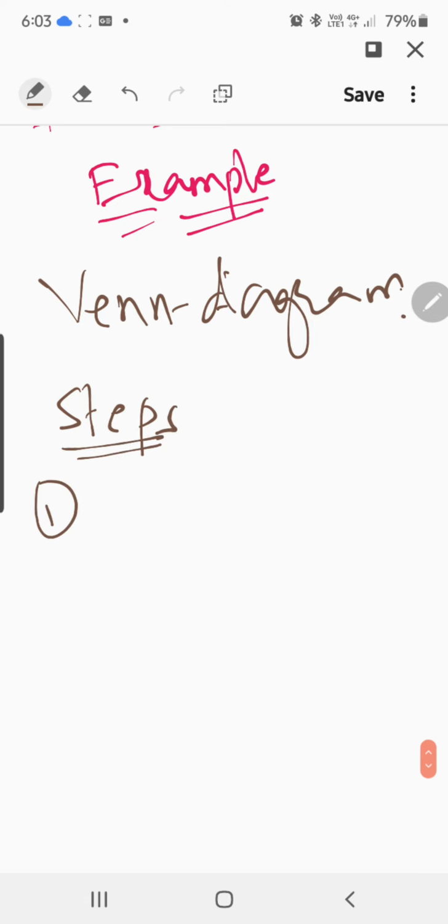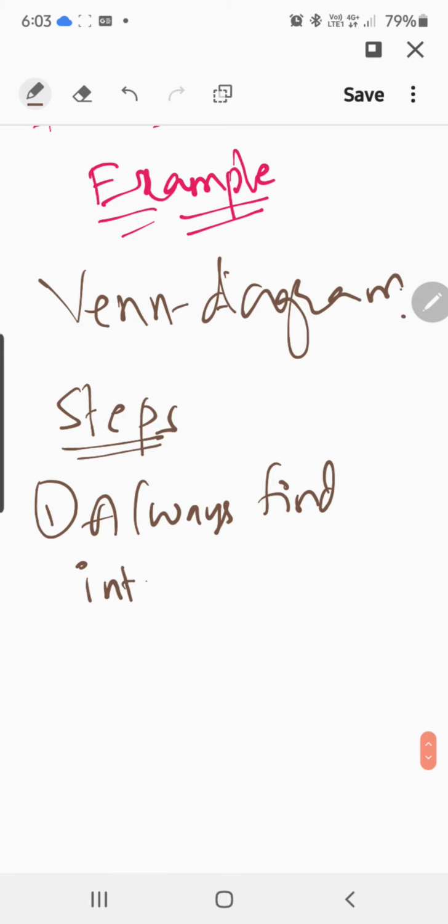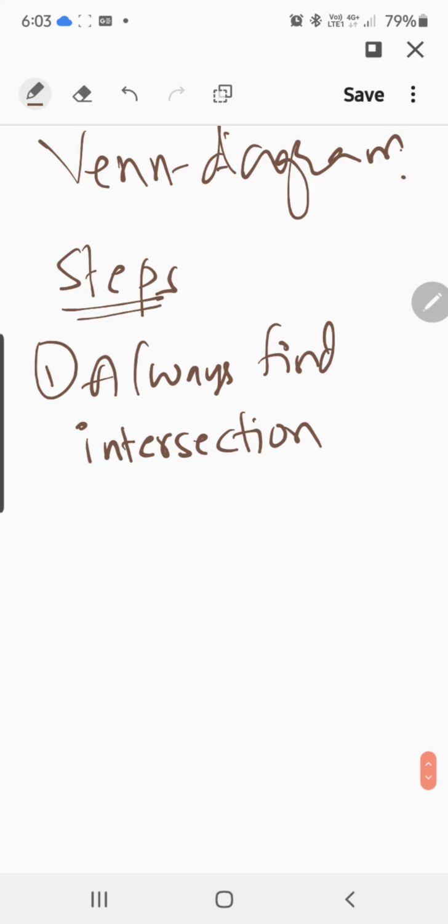First step is that always find the intersection, irrespective of what is given in the question.